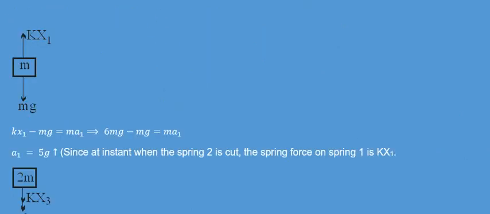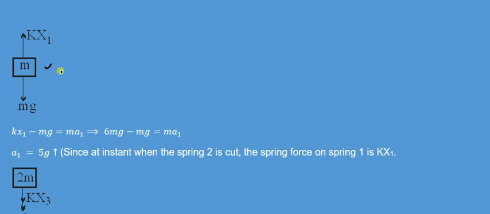So, for block of mass m, the forces are kx1 in upward direction and mg in downward direction. Mg is gravitational force.